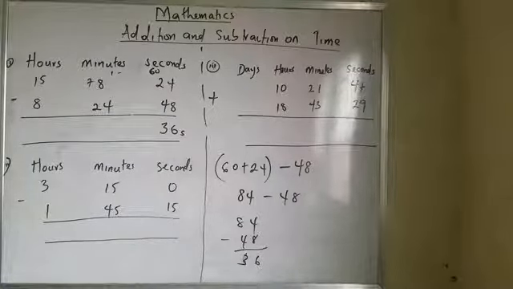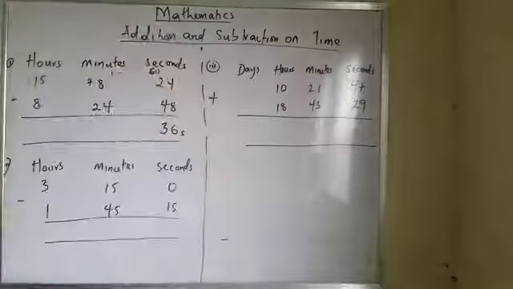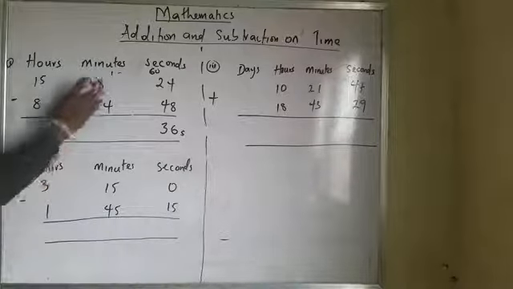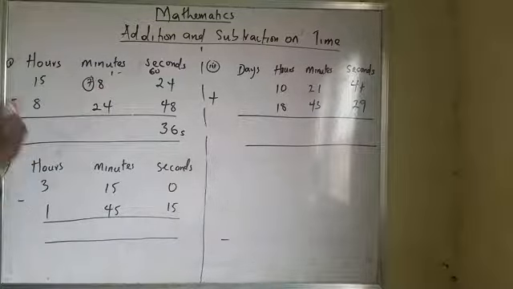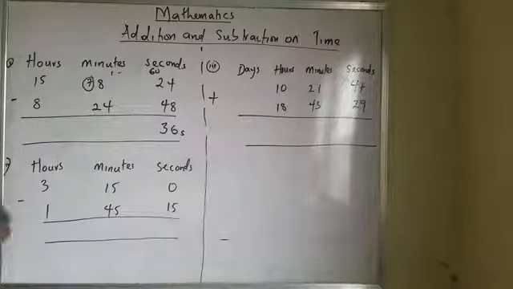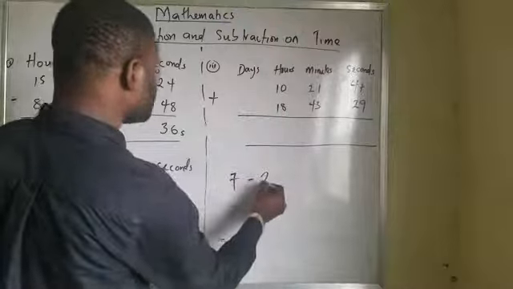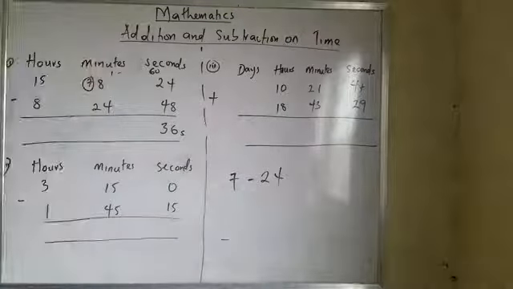It's very, very important. Now, since I have 36 seconds, what is remaining here is 7. Now, 7 minus 24 is not possible.